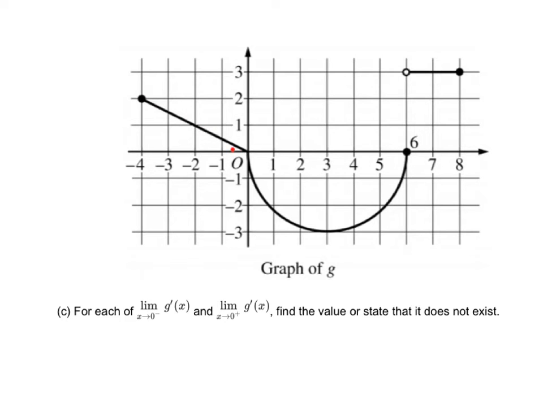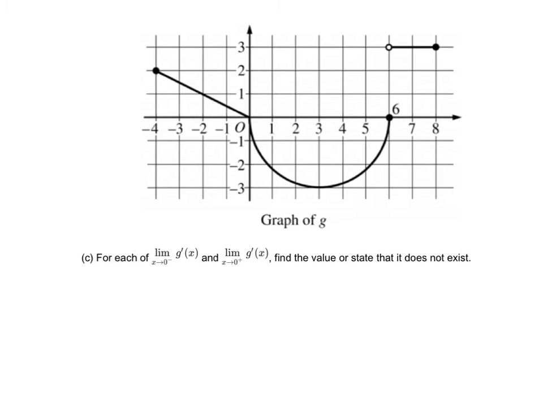As x approaches 0 from the left, the slope is constant. And the slope of this line is -1/2.